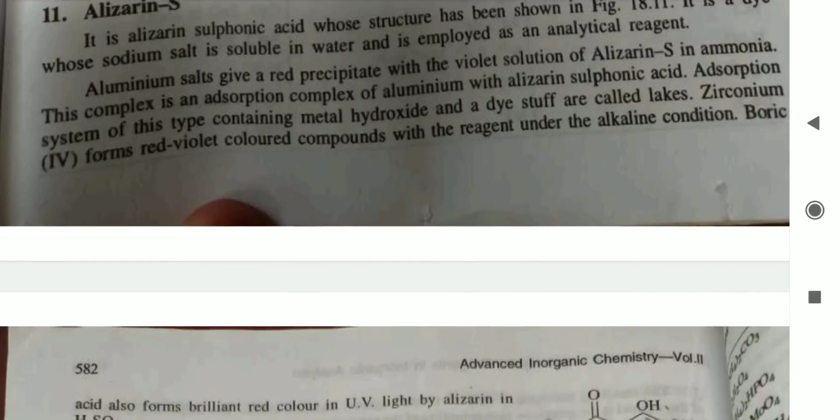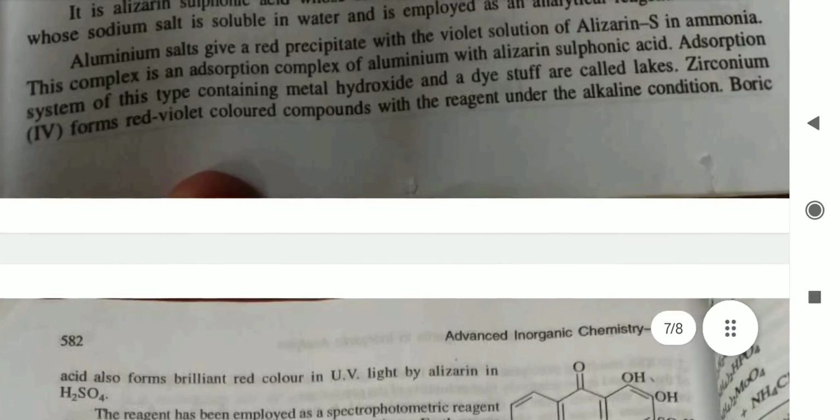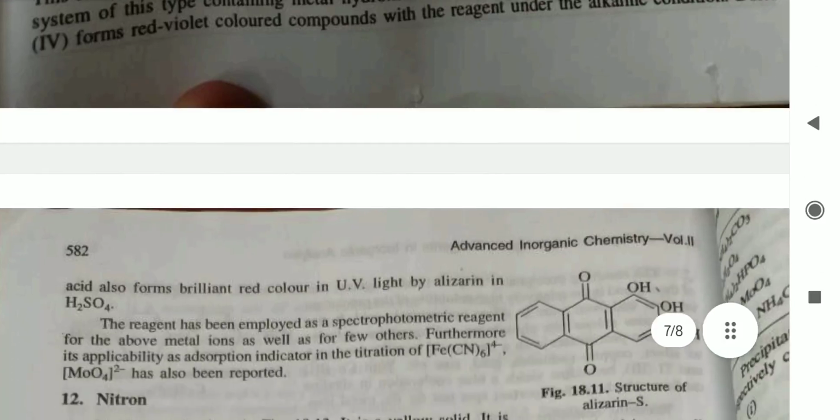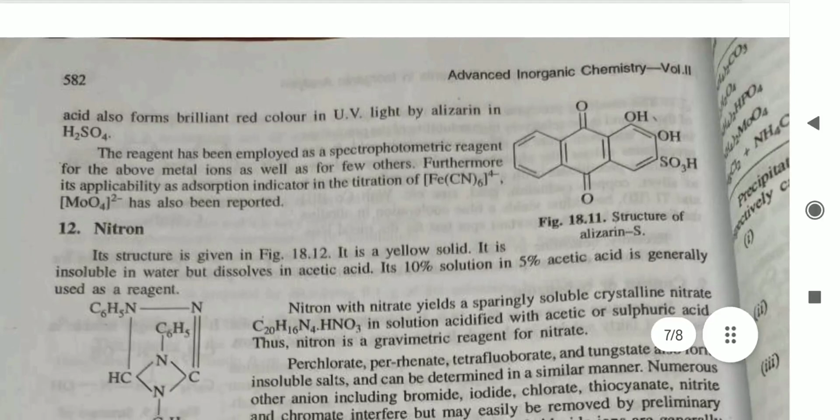Zirconium 4+ forms red violet colored compounds with the reagent under the alkaline condition. Boric acid also forms brilliant red color in UV light with alizarin in H2SO4.